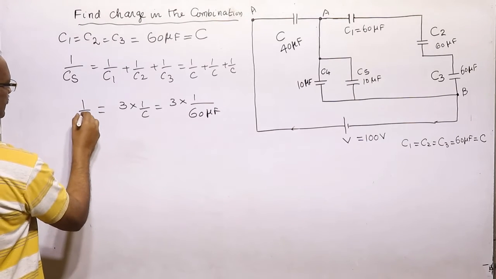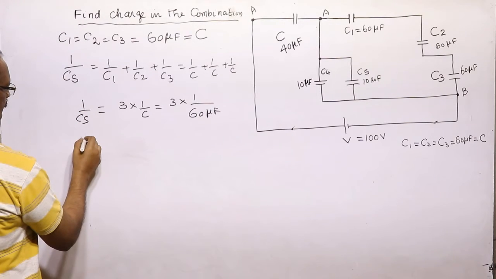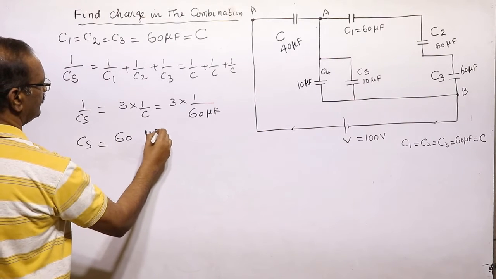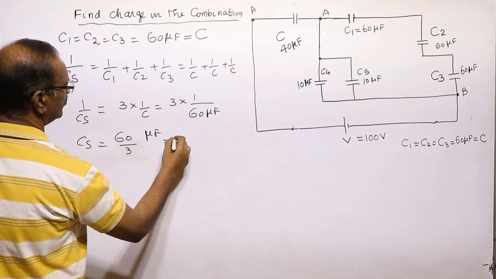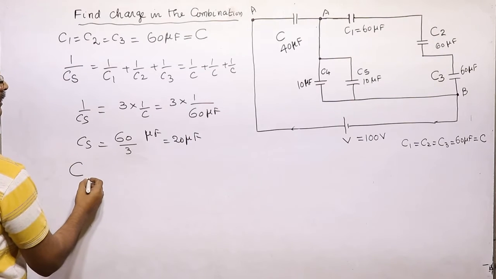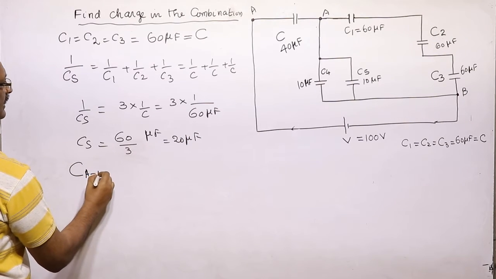Therefore, C series is equal to 60 microfarad divided by 3, is equal to 20 microfarad. This is the equivalent capacitor between A and B.